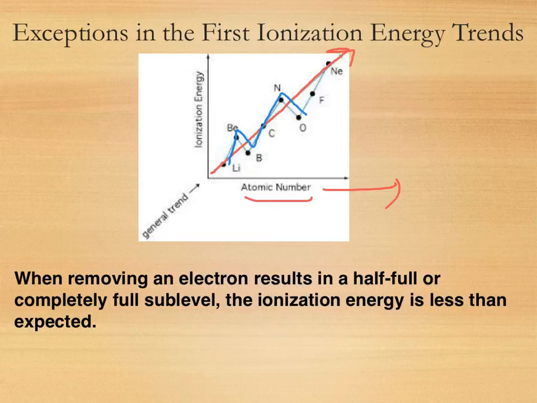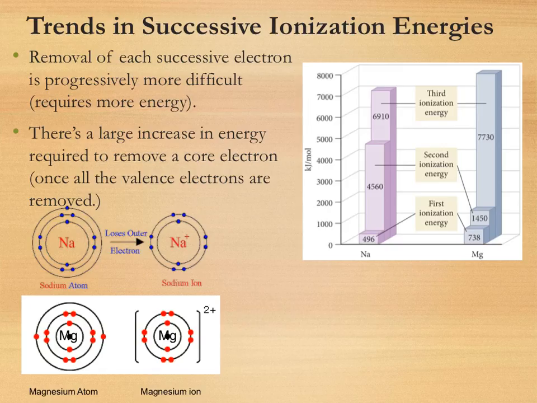So it's kind of jagged. The exceptions we were talking about: beryllium requiring a little bit extra energy to remove the electron, boron requiring a little bit less, nitrogen requiring a little bit more than expected, and oxygen requiring a little bit less than expected. So that's why when you see a plot of ionization energy, it's jagged.